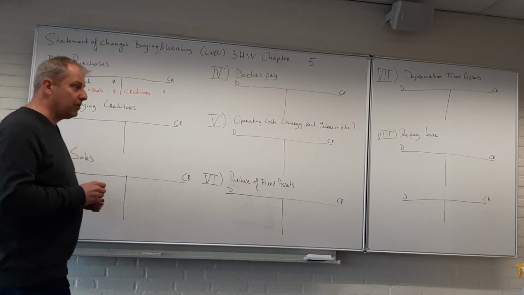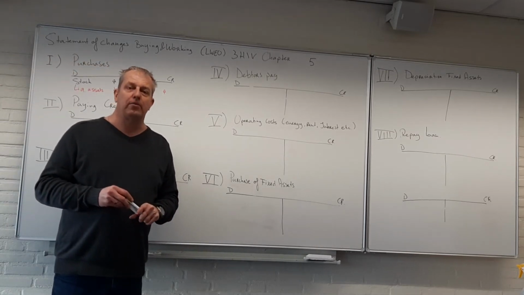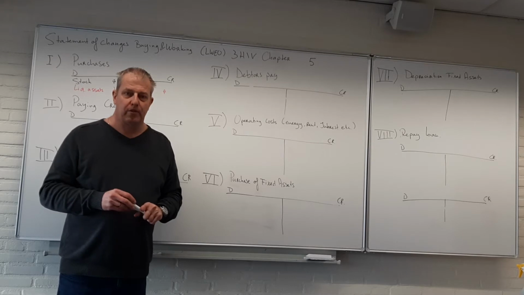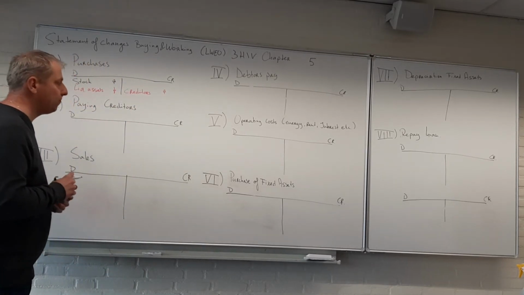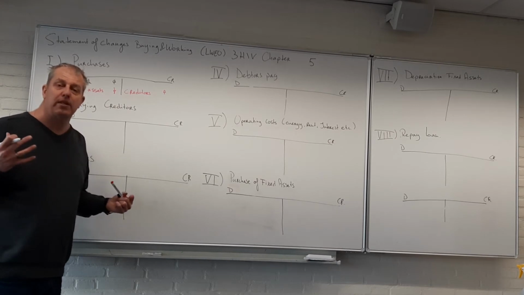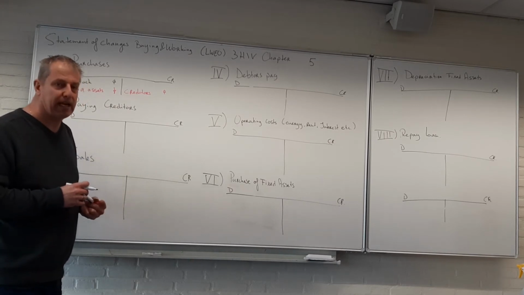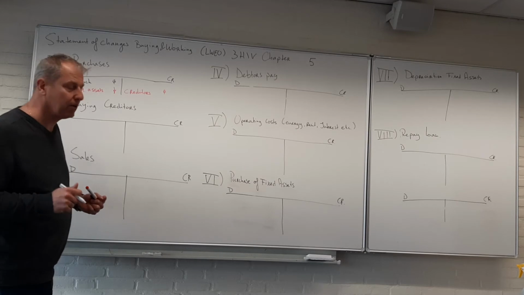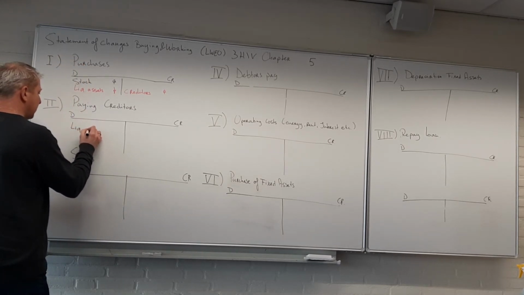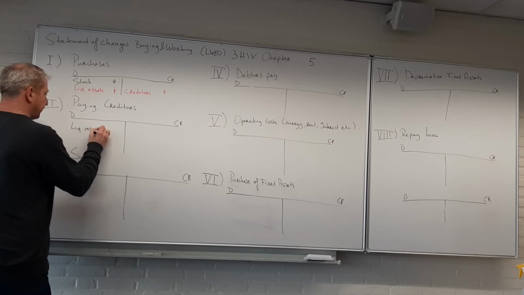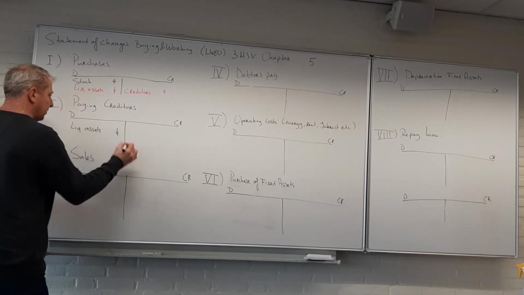If you have creditors, you're bound to pay them eventually. So if you pay a creditor, that always means that your liquid assets go down. So paying means your liquid assets go down. So first, liquid assets go down.